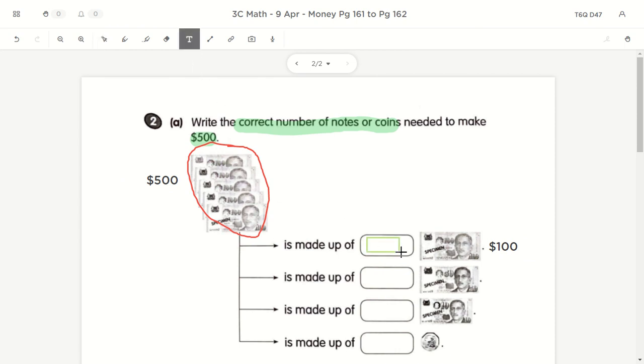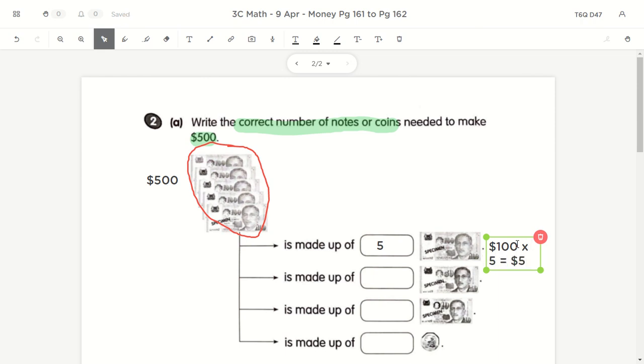So there are 5 $100 notes to make up to 500. So you realize that $500 is made up of 5 $100 notes, because if we expand this, $100 times 5 will give you $500.